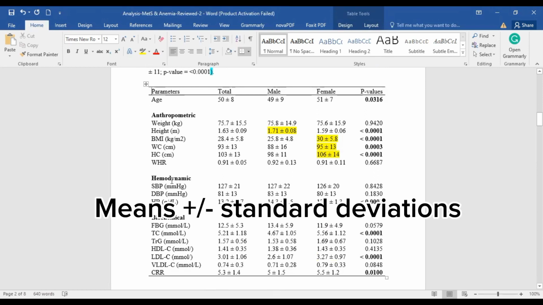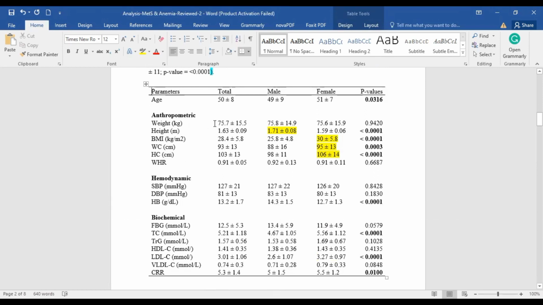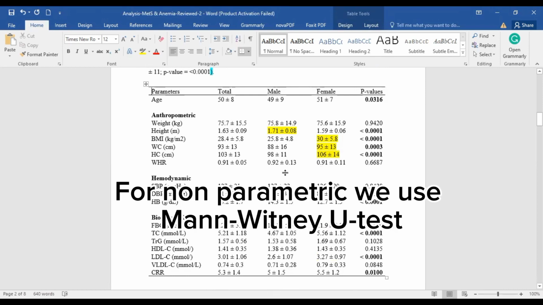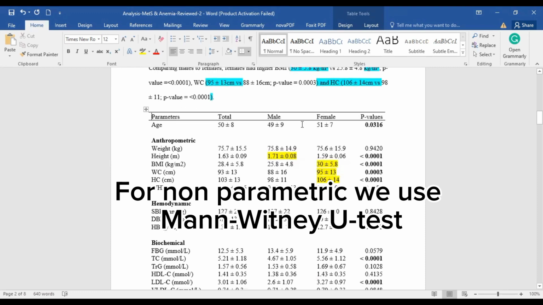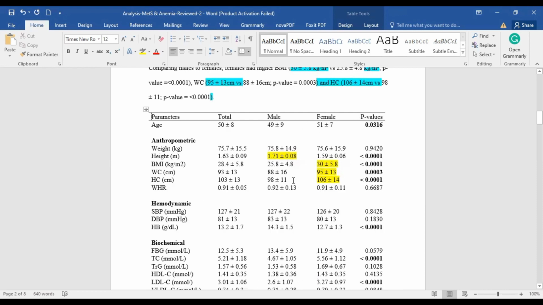Had they been not normally distributed, or non-parametric, we would have to rely on the non-parametric version of the independent sample t-test, which is the Mann-Whitney U-test, where you compare their median instead of their mean.